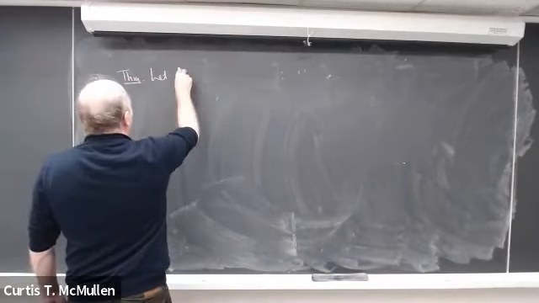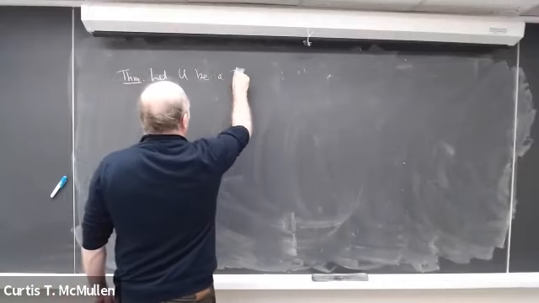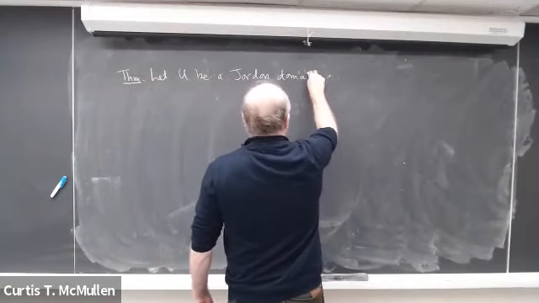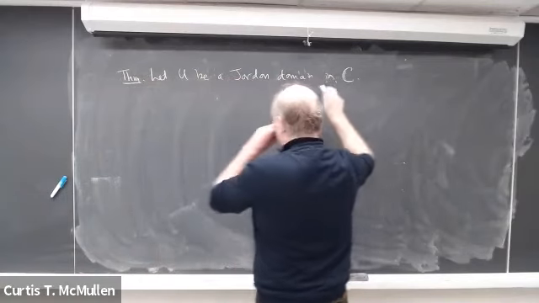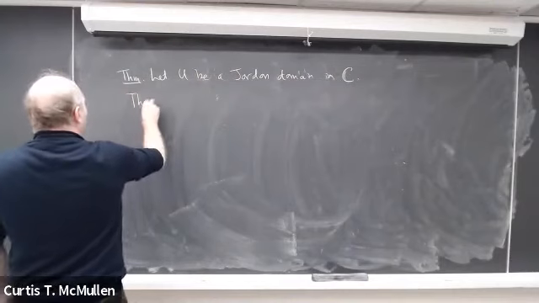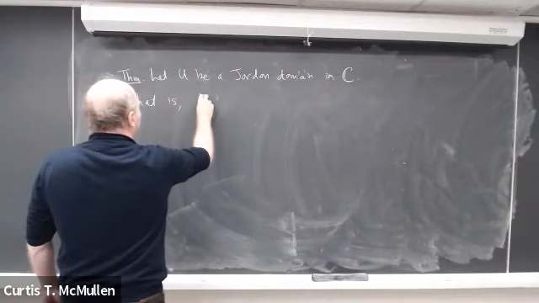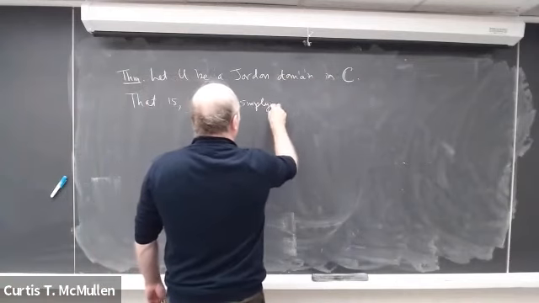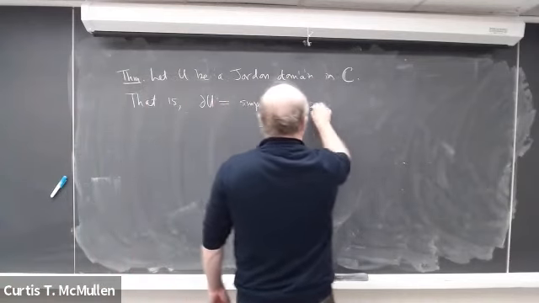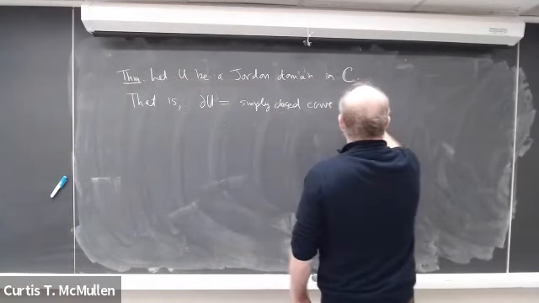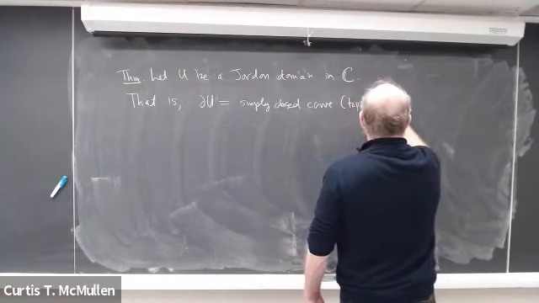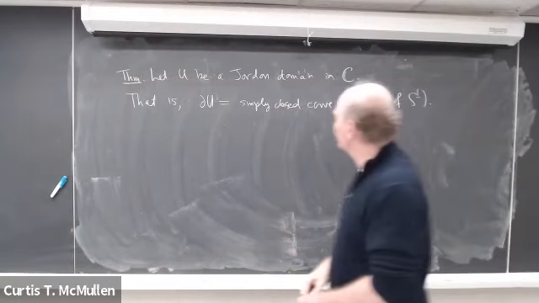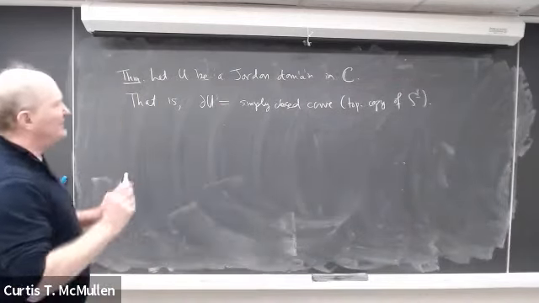So let U be a Jordan domain in C. That is, the boundary of U is a simple closed curve, which just means a topological copy of the unit circle. No assumption of differentiability.